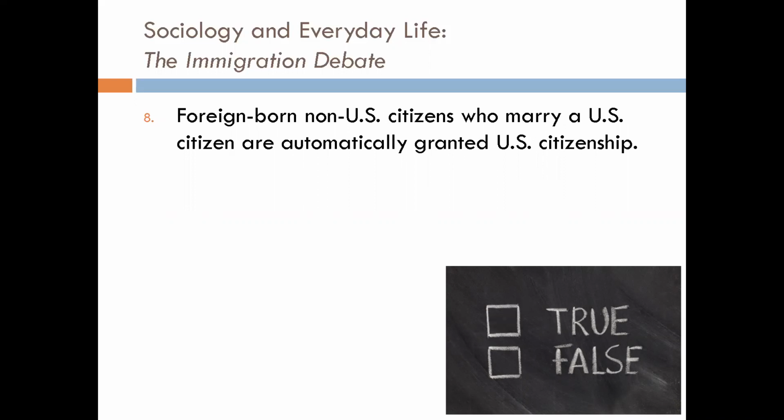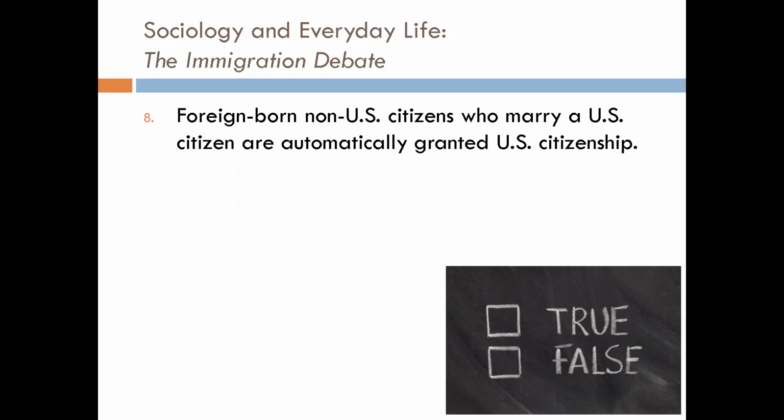And the final question, the final sentence is, foreign-born non-US citizens who marry a US citizen are automatically granted US citizenship. Everybody from outside America who is not originally a US-born citizen and is now married to someone who is basically a native-born American.